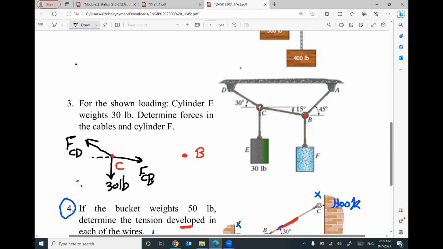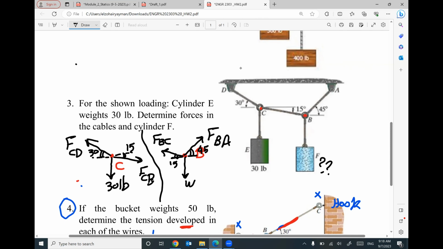The angle of this force will be 30. The angle of this force will be 15. That makes sense? For B, I will have this force, FBC, this weight, which is unknown for me. I don't know how much is this weight. And we have another force in this cable, FBA. This angle is given 45 degrees. This angle is given 50.